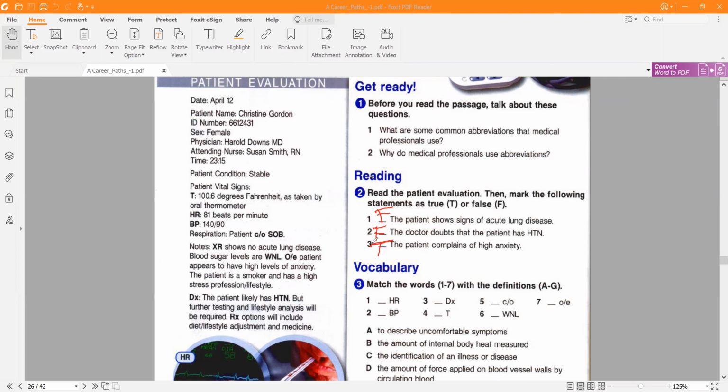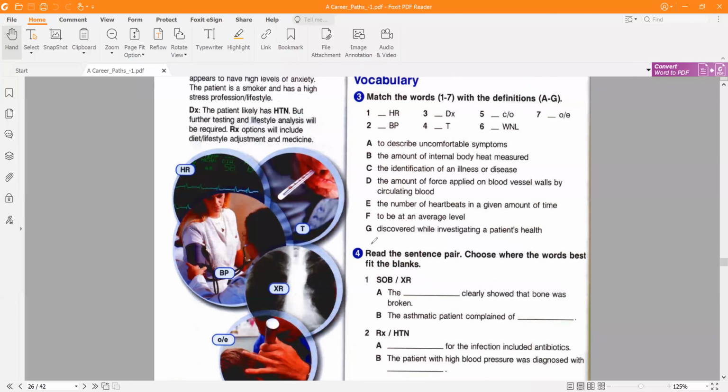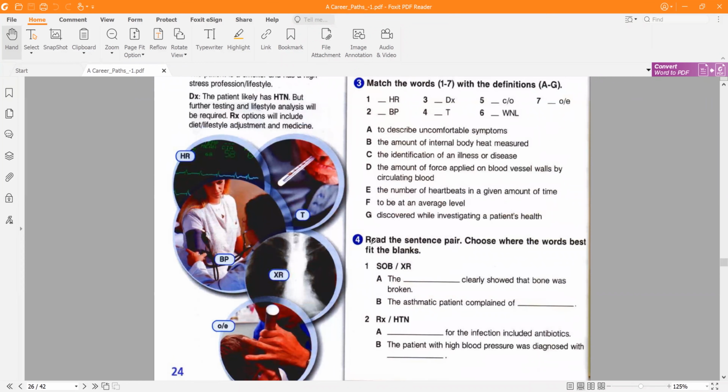Now, we are going to match the words with the vocabulary with their definitions. Okay, so number 1, HR.